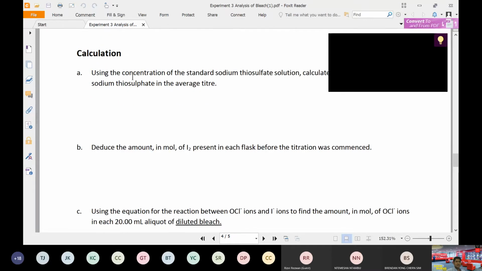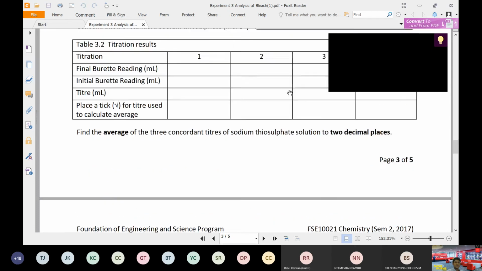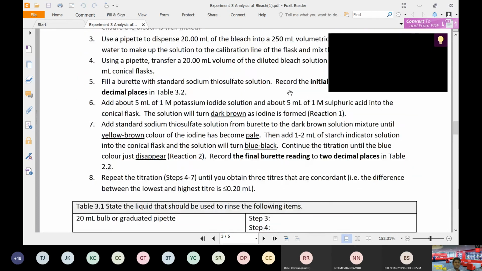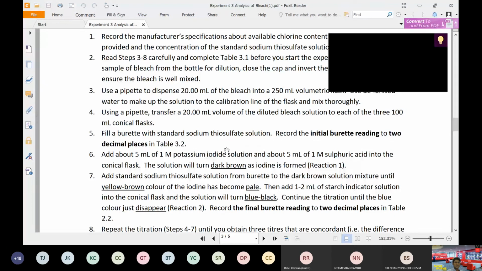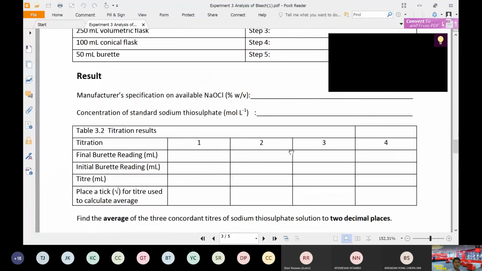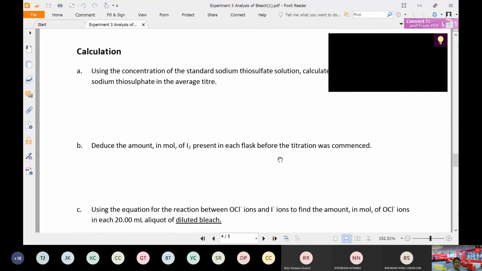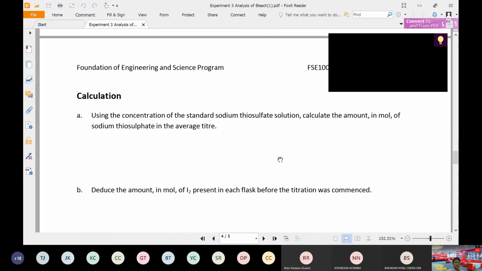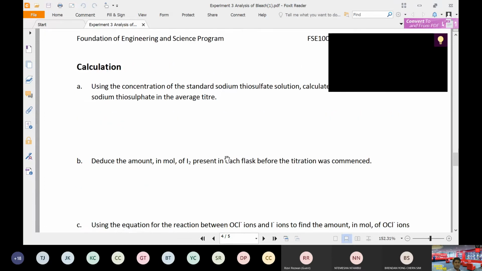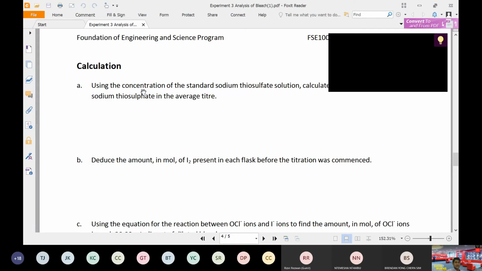Afterwards we will use the concentration of standard sodium thiosulfate, because sodium thiosulfate is given here, right? You know the concentration of sodium thiosulfate, so you know the number of moles. And this sodium thiosulfate is coming from the burette, so you know the exact volume. So from there you find. After that, this diluted bleach, we are taking into the conical flask.